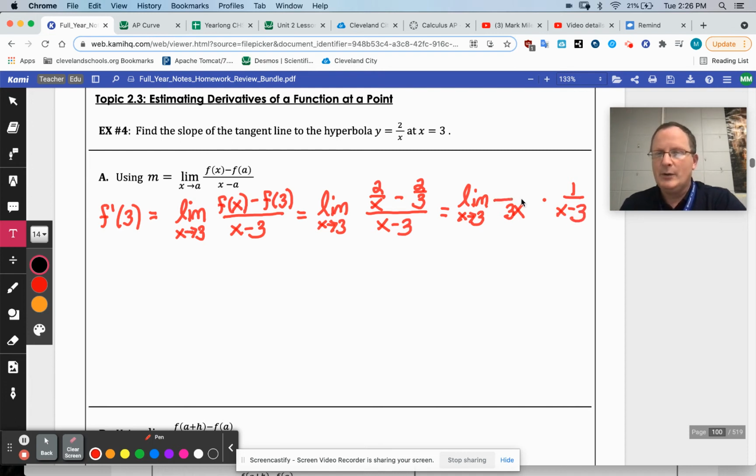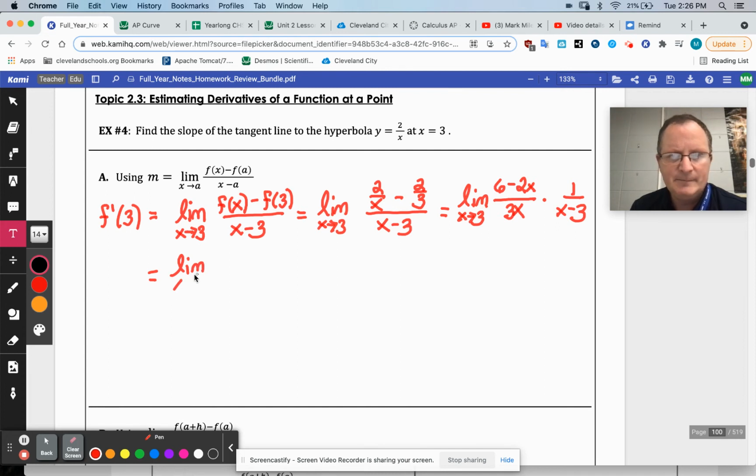And then here, this is going to be 6. So multiply top and bottom here by 3, which is 6, minus top and bottom of here by x. Okay, that looks great.